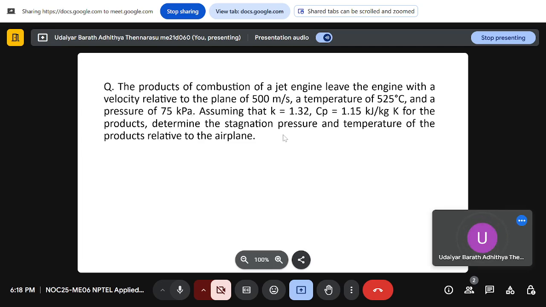Assuming that your compressibility index or k, gamma, is 1.32 and Cp is 1.15. For the product, determine the stagnation pressure and temperature of the products relative to the airplane.